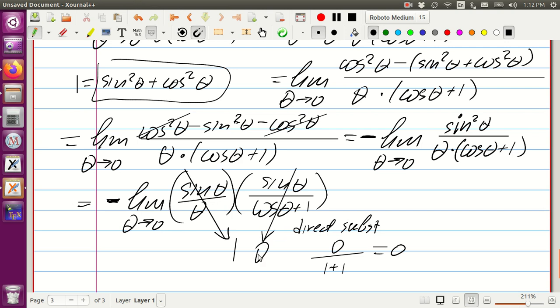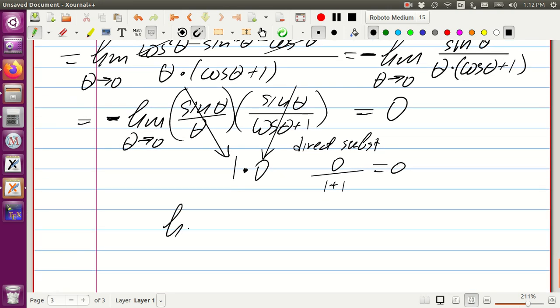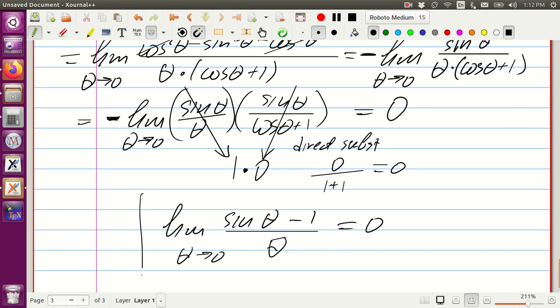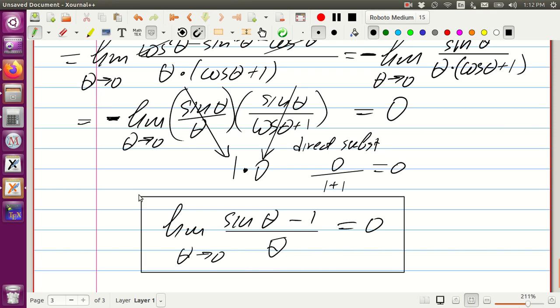So this term goes to 0. And if we multiply 1 and 0, we get 0. So we calculated this hard limit, and we now know that the limit of sine of theta minus 1 over theta when theta goes to 0 is equal to 0. So that's the second hard limit we solved.